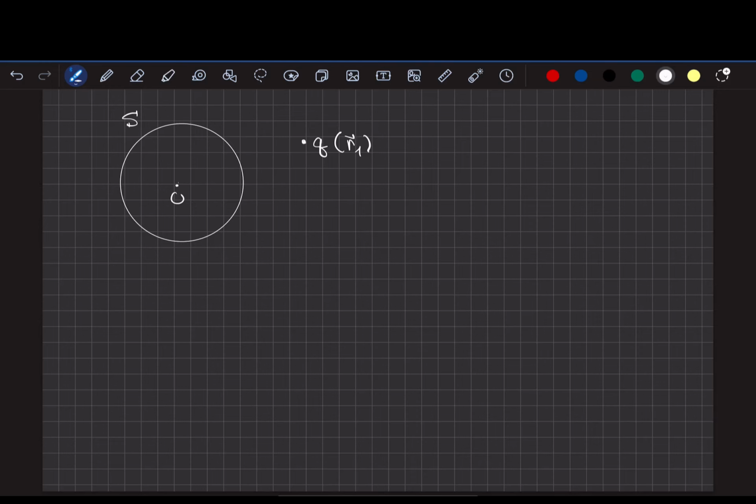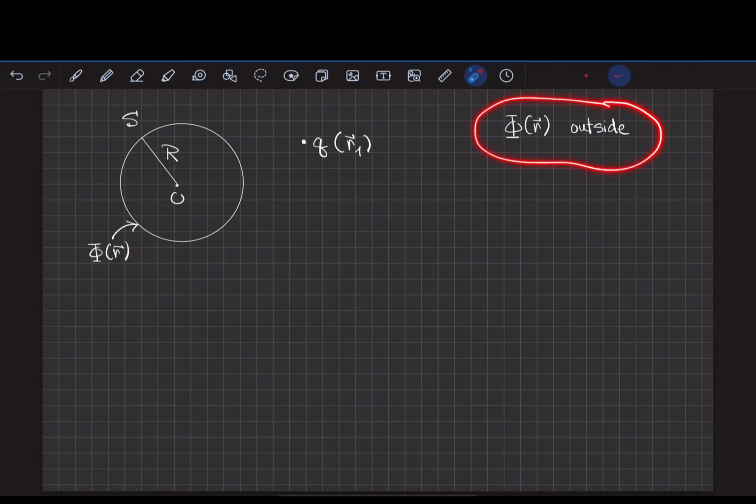So let us say the radius of the sphere is given by R. So what is the potential outside the sphere? And we know the potential on the surface. So we have our charge density and we have our potential on the surface. We would like to find the potential in the volume V, which is basically outside the sphere.